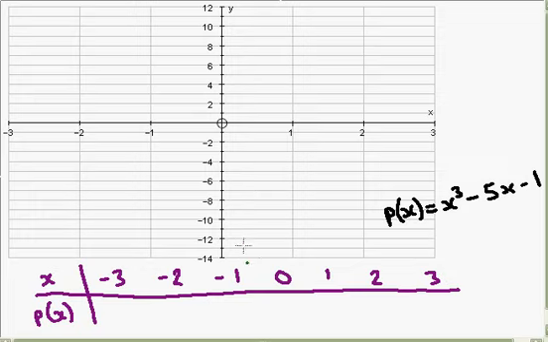Okay, so the first and easiest one to deal with will be x is 0. When x is 0, we get 0 take away 0 take away 1. So when x is 0, p of x is -1. Now when x is 1, you get 1 cubed, which is 1, take away 5, which is -4, take away 1, which is -5.